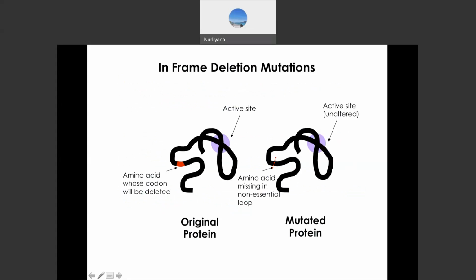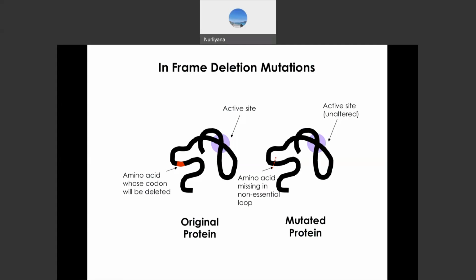So in frame deletion mutations, you have to really look. The first step is that you identify which mutation is happening, whether it is a deletion or an insertion. You have to look at how the mutation occurs. The second is that when you translate it, do you still get the same amino acid as the original sequence?